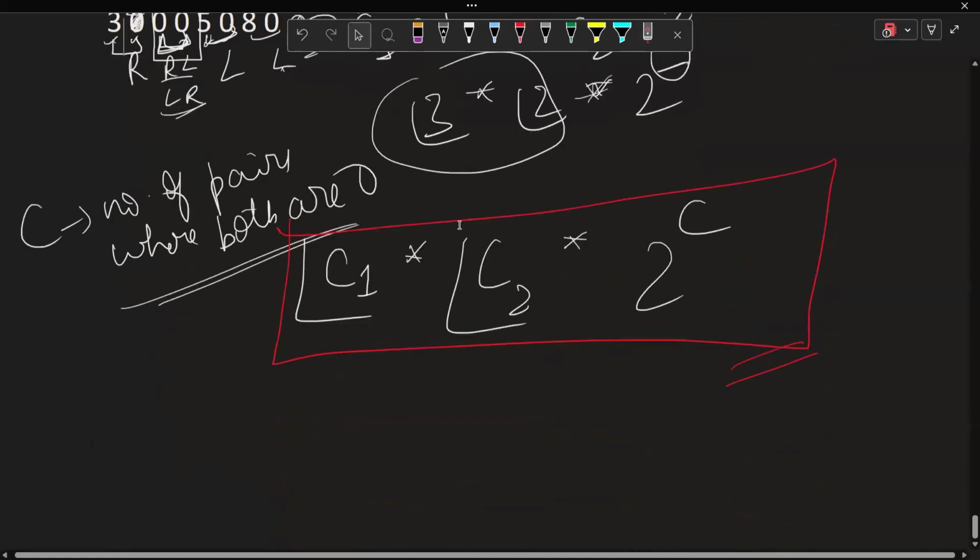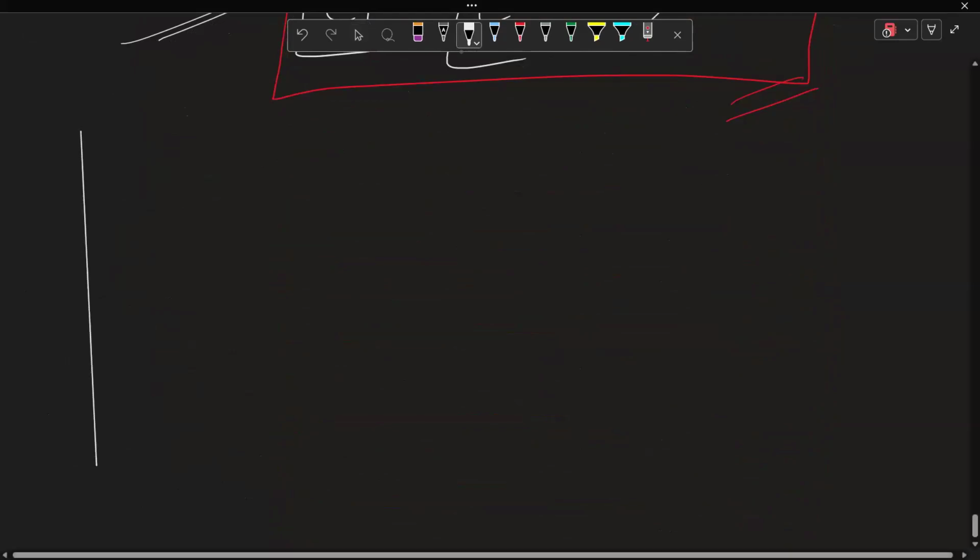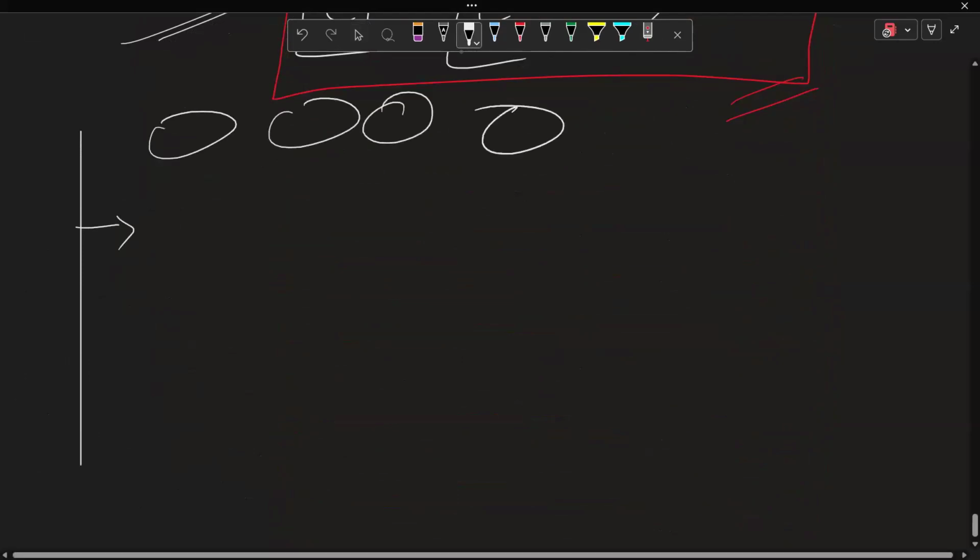What would happen is, now we can say that for every pair, okay, now it's a general case. For every pair, there can be three cases. Like if this is an array, these are two elements in the array, then two elements, then two elements. So I'm dividing them into pairs.